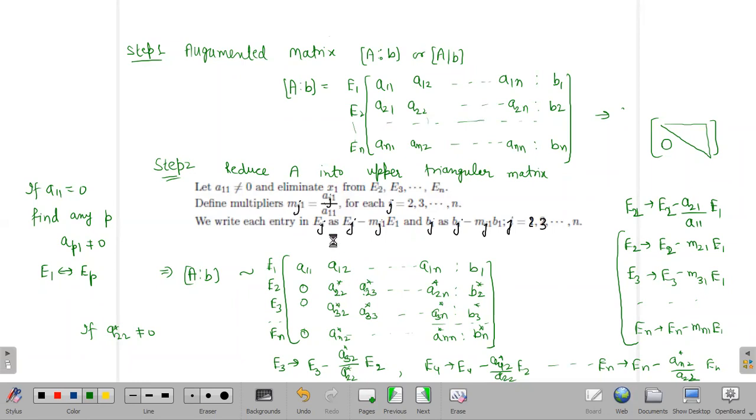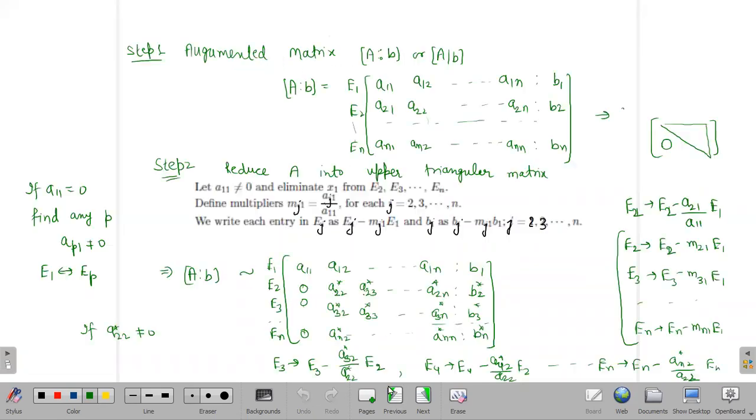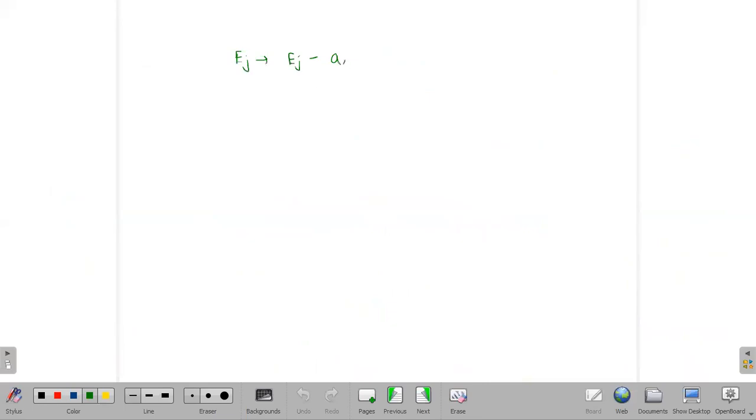So now if I write in general, it is EJ minus AJ2 by A22 into E2. Where is J running from?